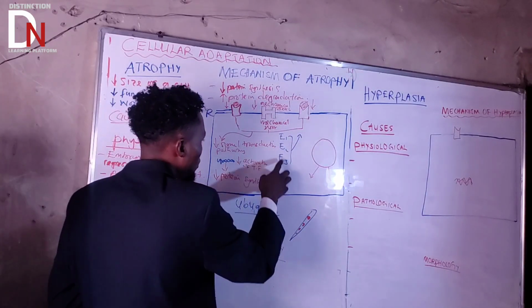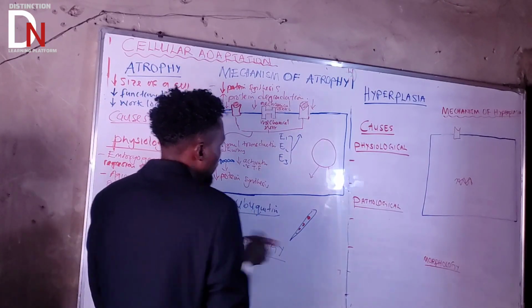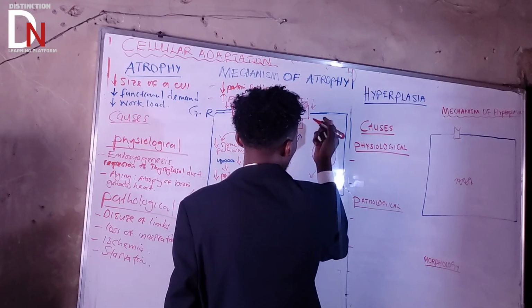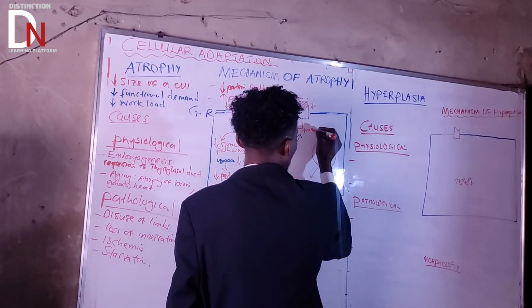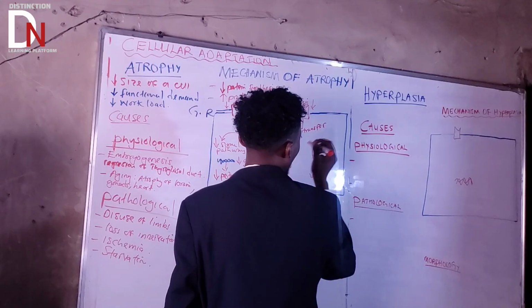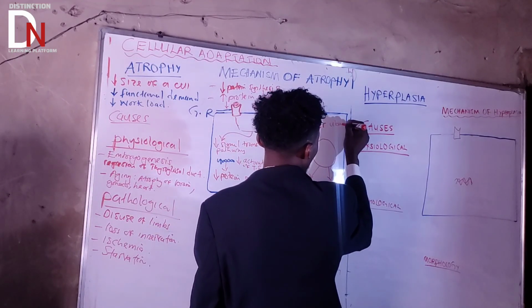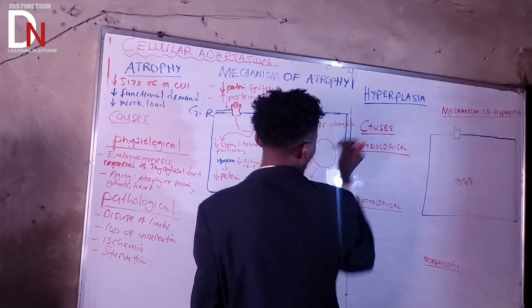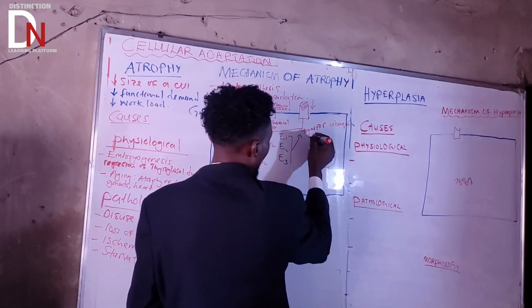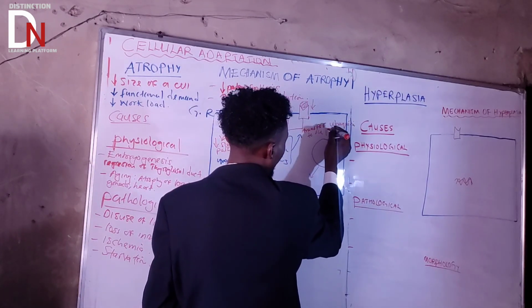So what am I simply saying? E1, E2, and E3 enzymes are going to transfer ubiquitin to the protein.